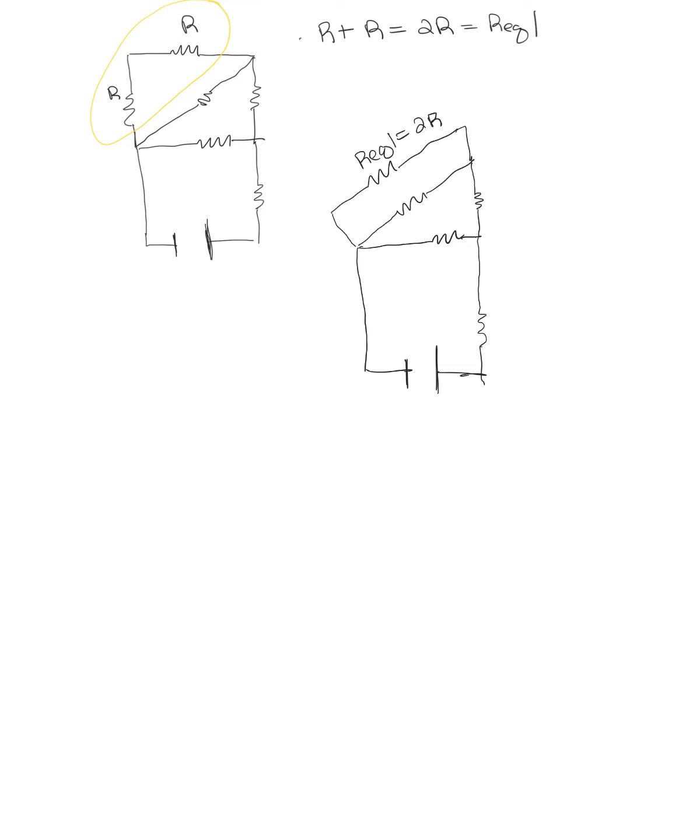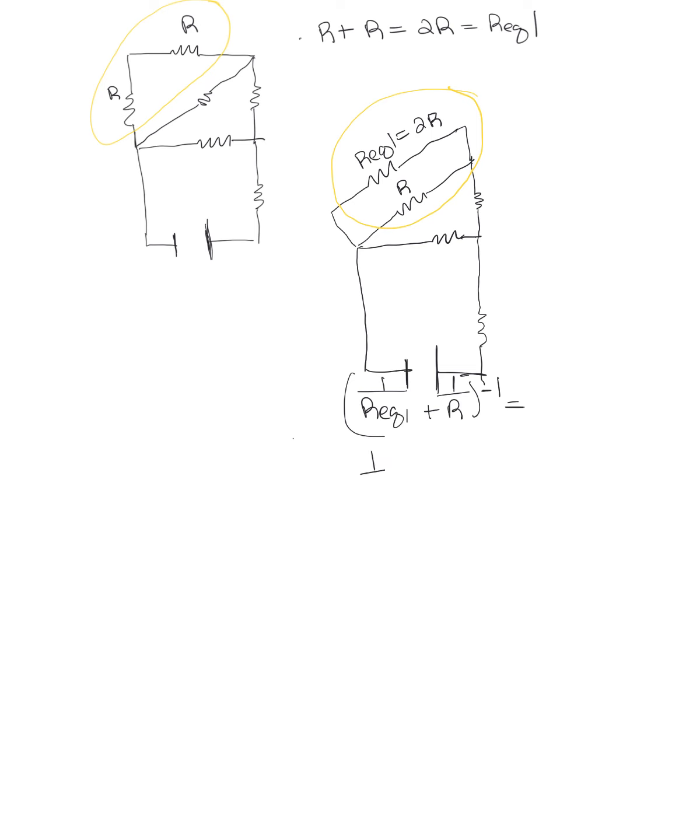So now we're going to take these two, and we're going to add them together, and they're in parallel. But remember, since they're in parallel, we have to take the reciprocal. So it'll be 1 over REQ1 plus 1 over R, and taking the reciprocal of that.